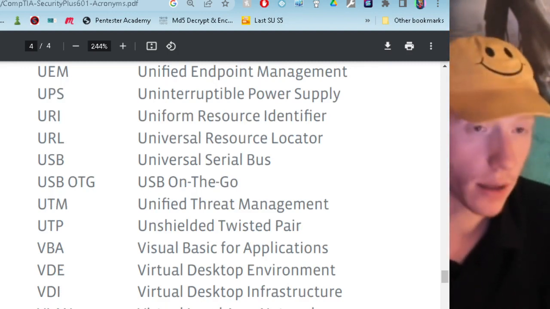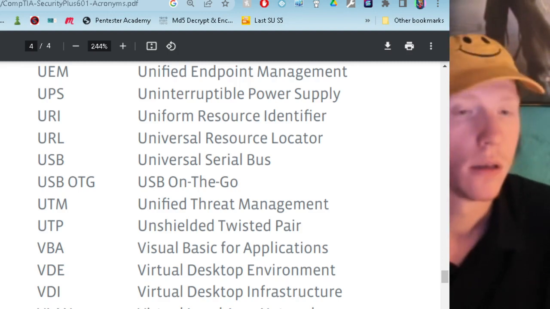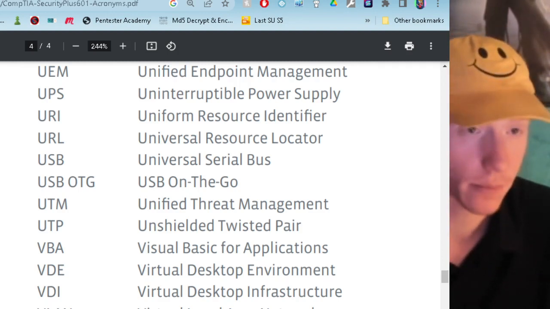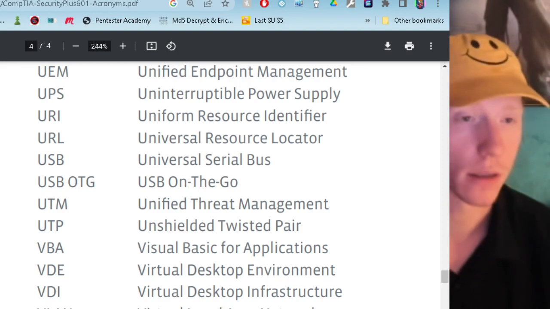A URI is a Uniform Resource Locator. A URL is a Uniform Resource Identifier. A URL is a Universal Resource Locator.